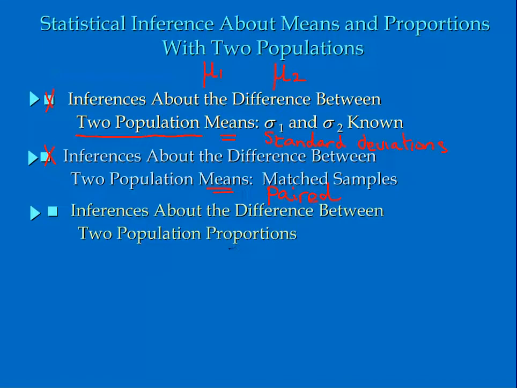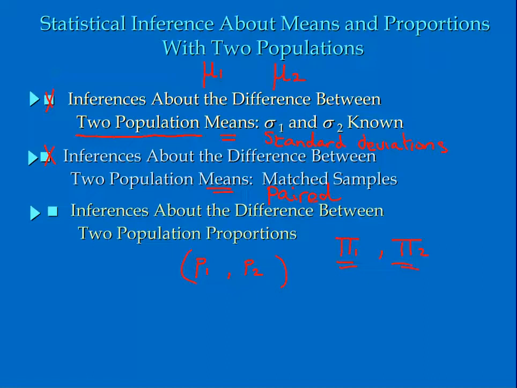In this last case, we're interested in population proportions, so pi1 and pi2, the proportion for population 1 and the proportion for population 2. Just as a remark, in some textbooks it's given as p1 and p2. I'm going to use pi and pi, but p and p are also fine.